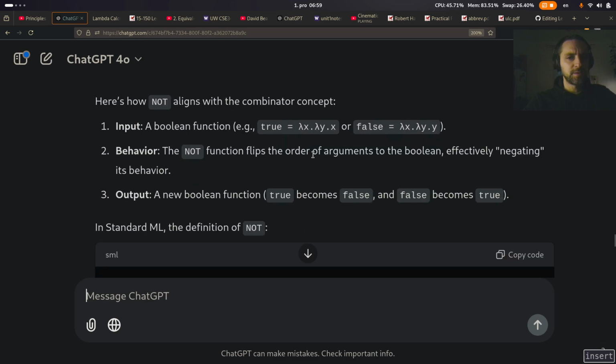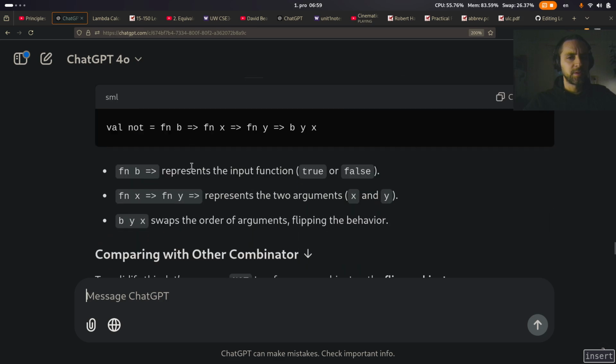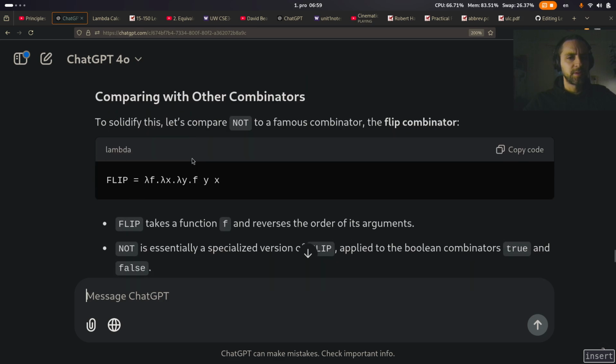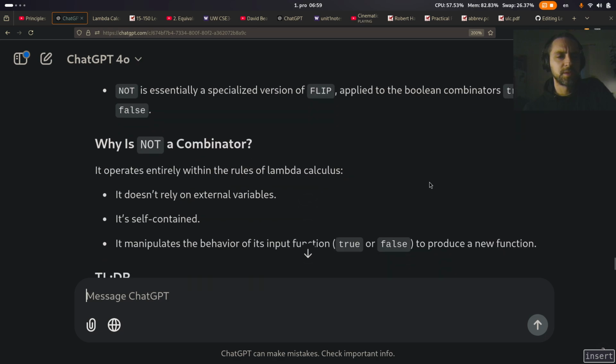It flips the order, negating its behavior. To solidify this, let's compare not to a famous combinator, the flip combinator. Flip takes a function f and reverses the order of its arguments: lambda f, lambda x, lambda y, f y x. So not is a flip, essentially a specialized version of flip applied to the Boolean combinators true and false.